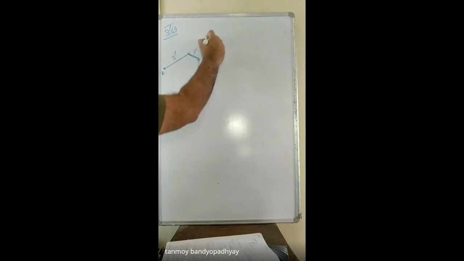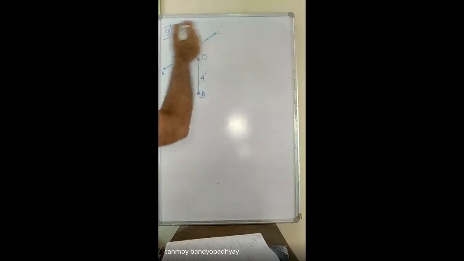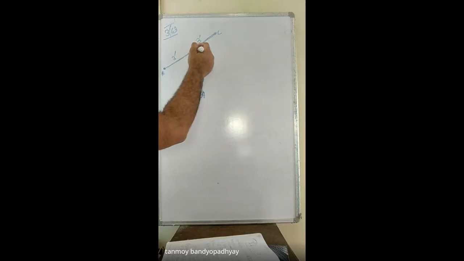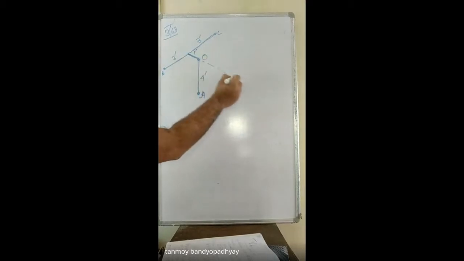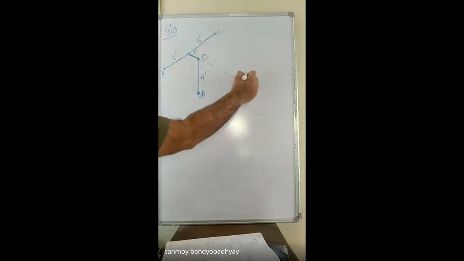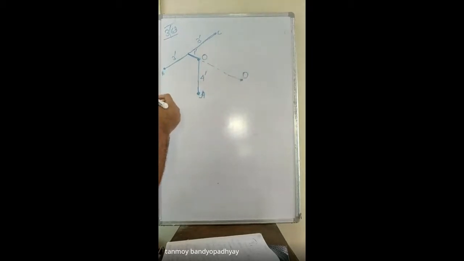Again on this line, if I go a distance of 3 feet, I should be reaching a point C. So I am reaching the point C. Now if I go by this point, I will be reaching a point called point D.